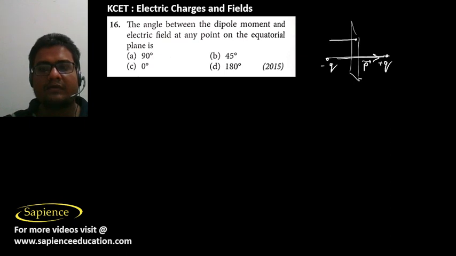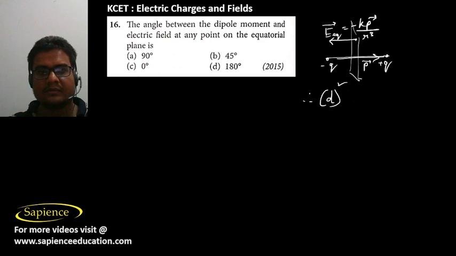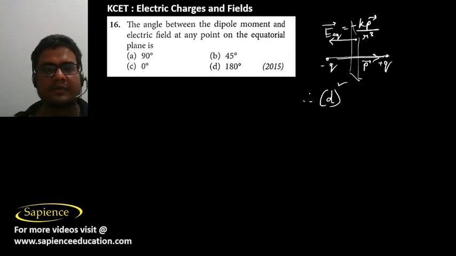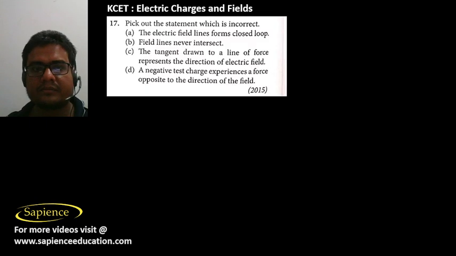The electric field will be directed opposite to the dipole vector, minus kp by r cube. Therefore the angle between them is 180 degrees. Question 16 is option D.